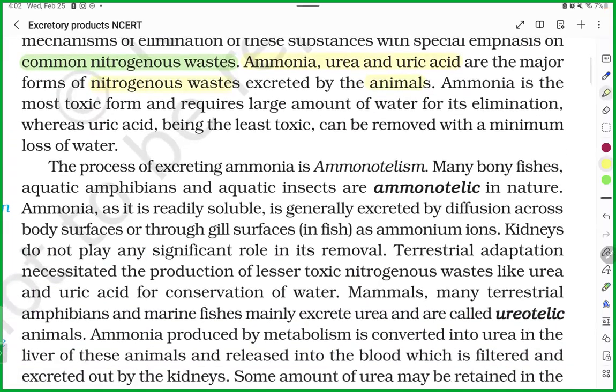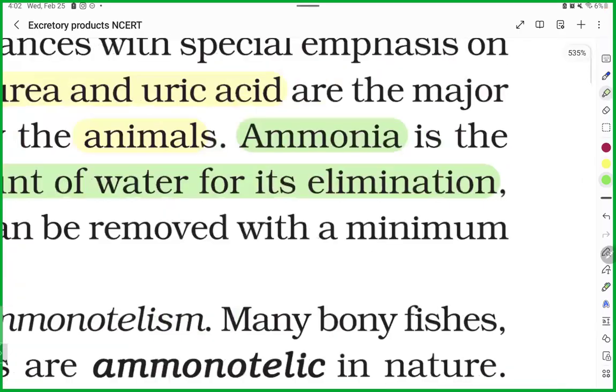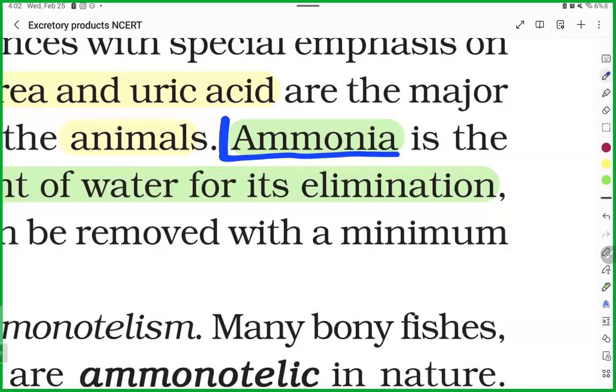Out of these three, ammonia is the most toxic form and requires a lot of water for elimination. Ammonia is most toxic, that's why it requires a lot of water for elimination. Now you can imagine this ammonia should be present in aquatic organisms, because aquatic organisms already have a lot of water, so they can manage this, correct?